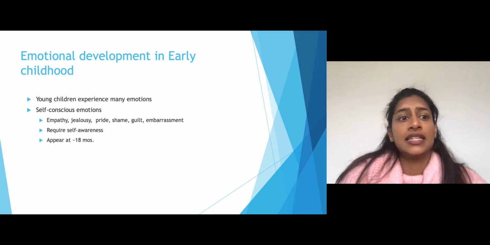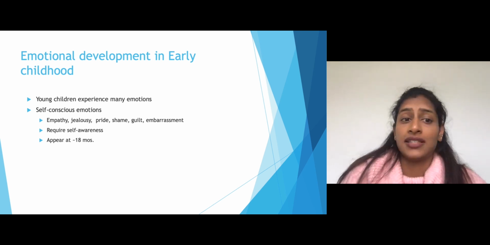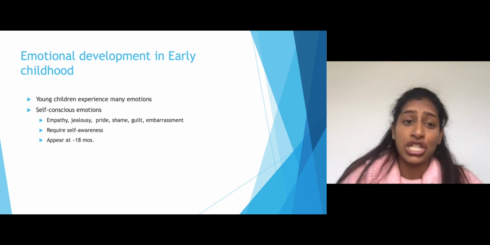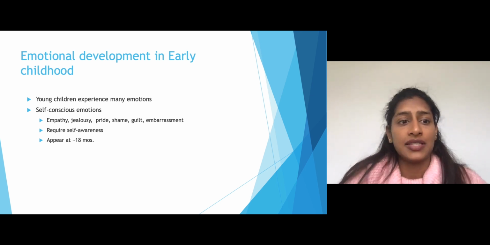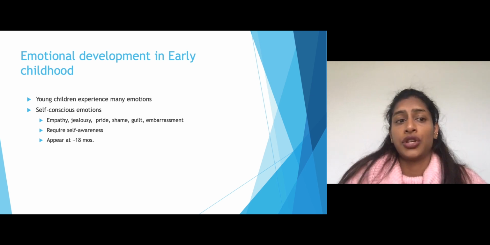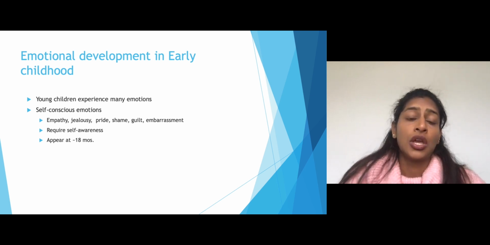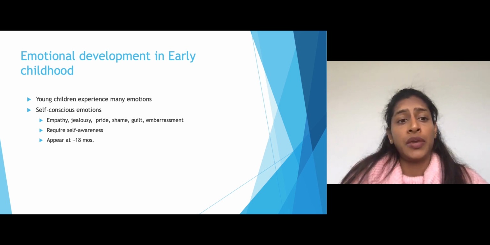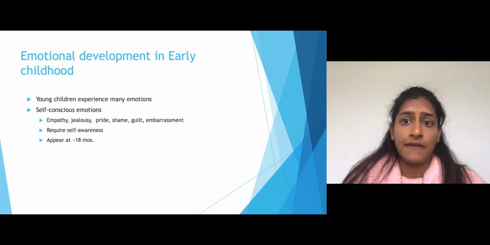So this is related to things like empathy and jealousy and pride and shame and guilt and embarrassment. But in order for us to have these secondary emotions or self-conscious emotions, we first need to have acquired self-awareness. So these emotions typically don't appear until about 18 months of age.